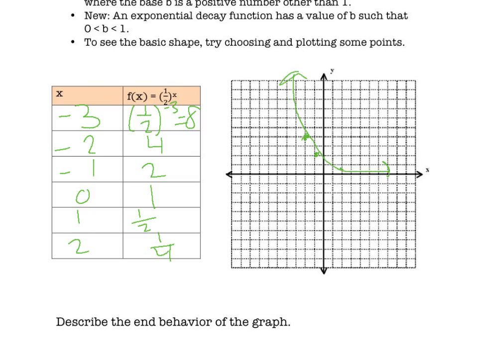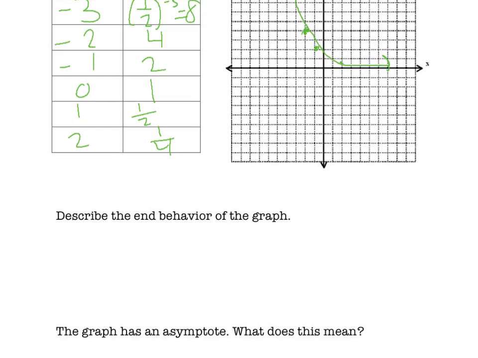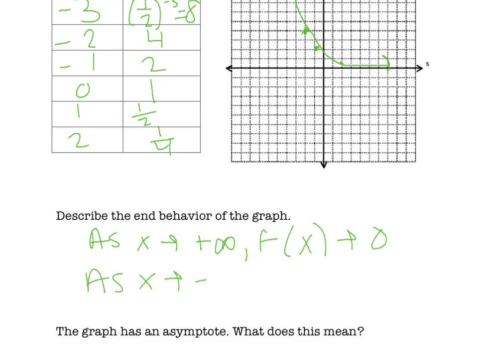So if we want to describe the end behavior of this graph, we would say as x approaches positive infinity, on this graph f of x approaches 0. And as x approaches negative infinity, f of x approaches positive infinity.